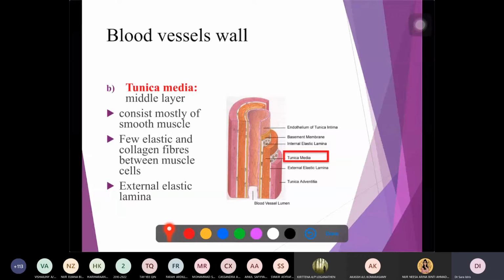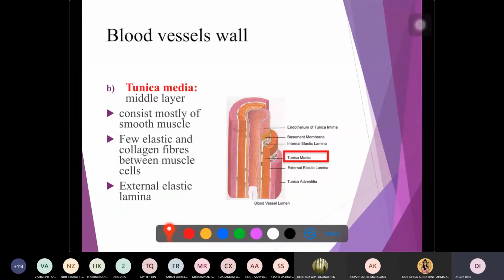All right. And then on the outer side of the smooth muscle layer is where you find your external elastic lamina. And this is the end of your tunica media. Anything outer of your external elastic lamina will be considered your tunica adventitia.